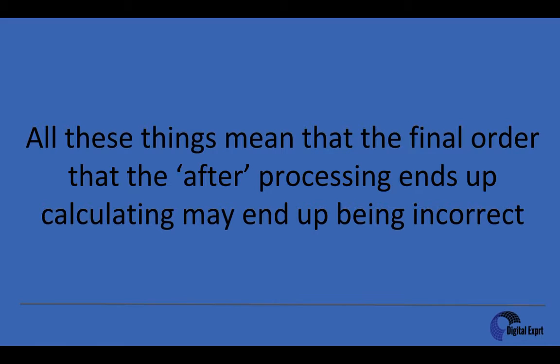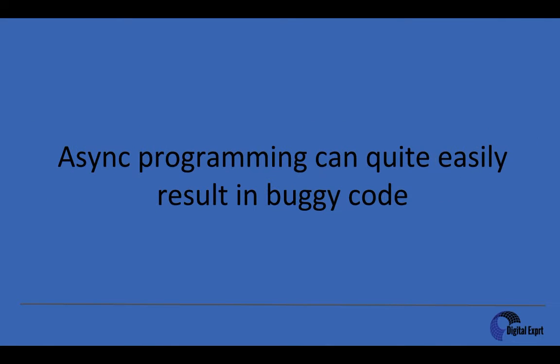As we've seen in many real-life examples, switching to async programming can quite easily result in buggy code, where we all of a sudden realize that the customer has been charged for something they did not really agree on, and the final order details are not reflective of what is presented in the service agreement document. So that's a bug.